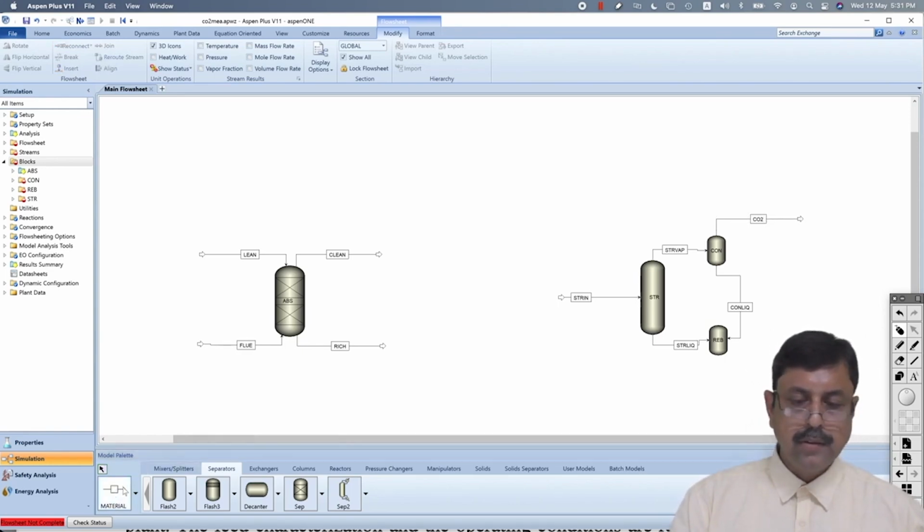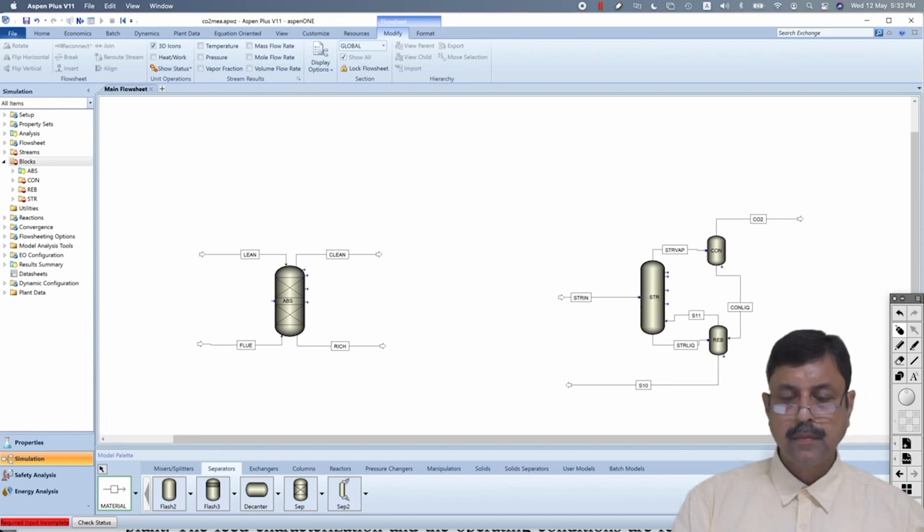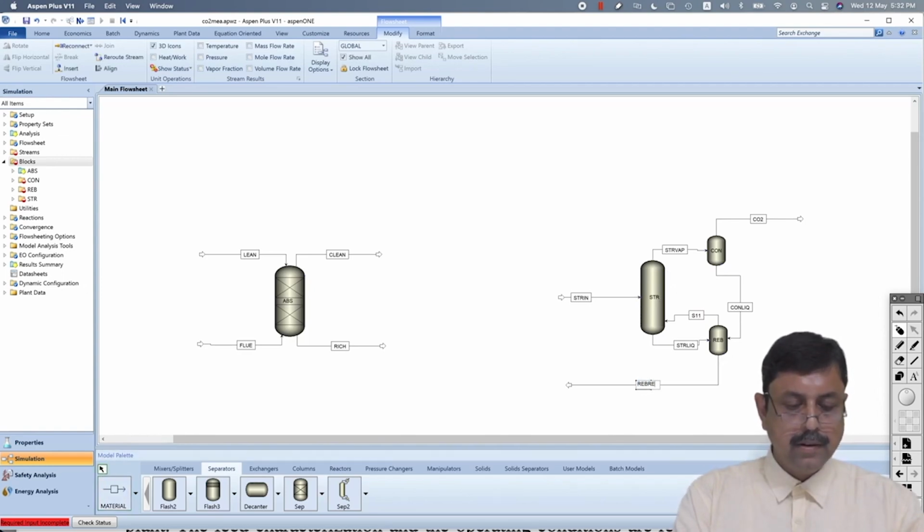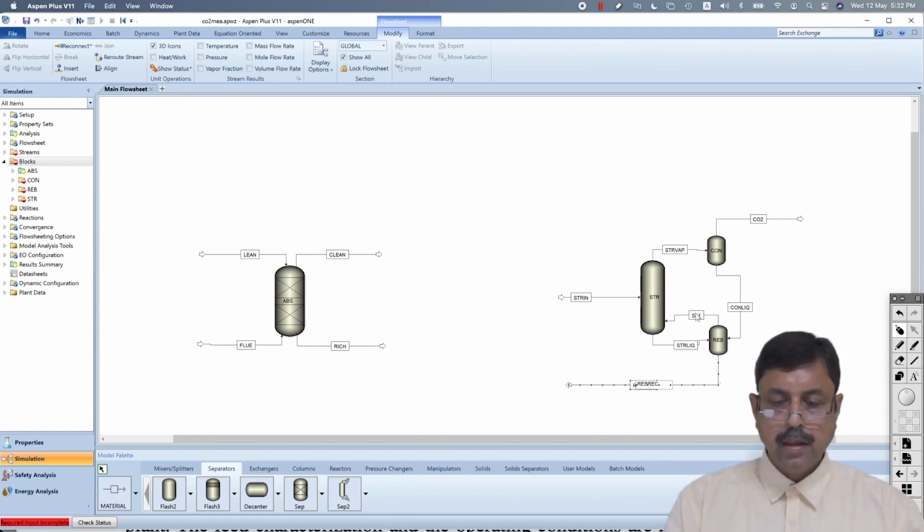And one more output is left, this one. Actually two outputs. One is reboiler output, which is going inside the stripper back. Okay. So this one is reboiler recycle, and this one is reboiler vapor that is going inside the column again.